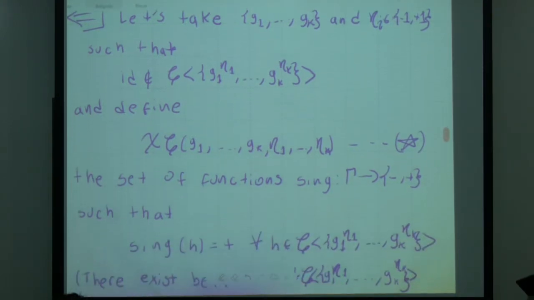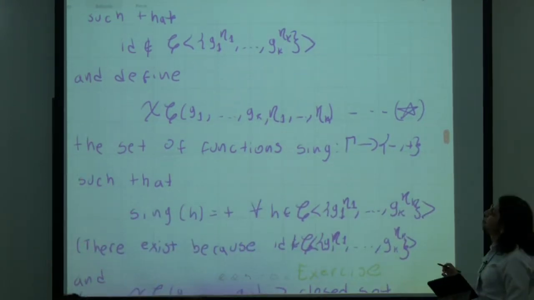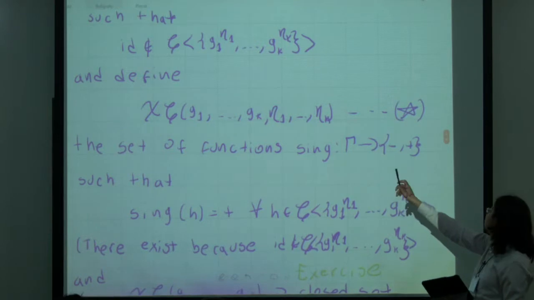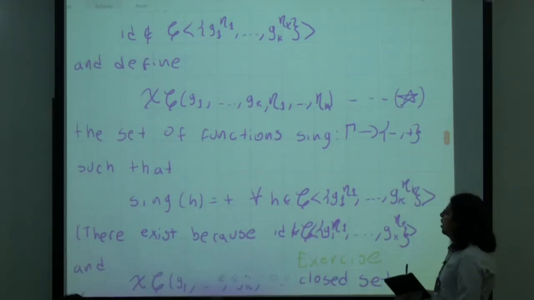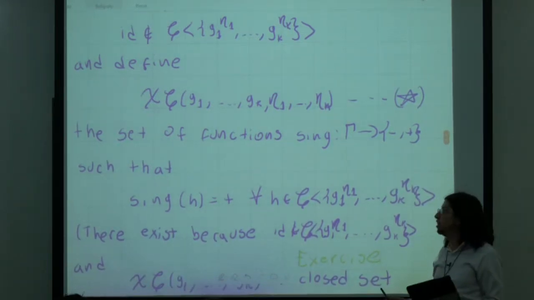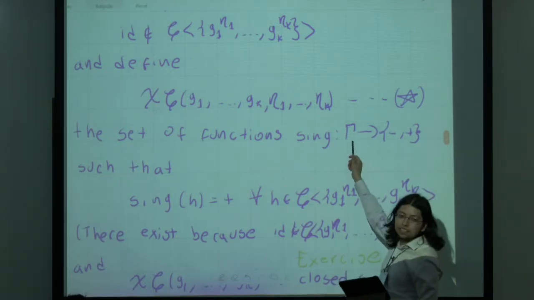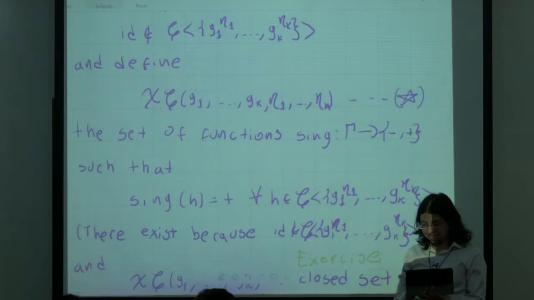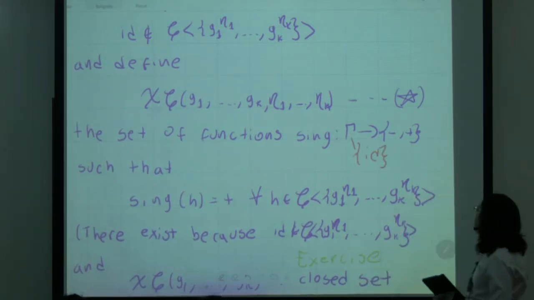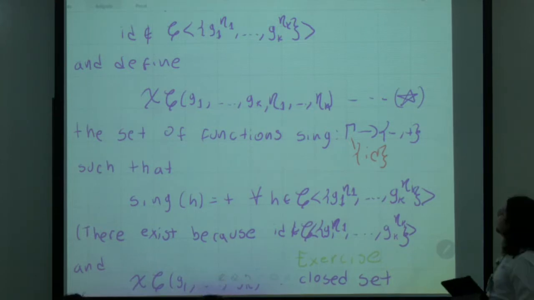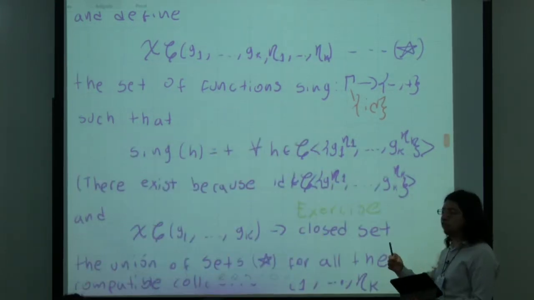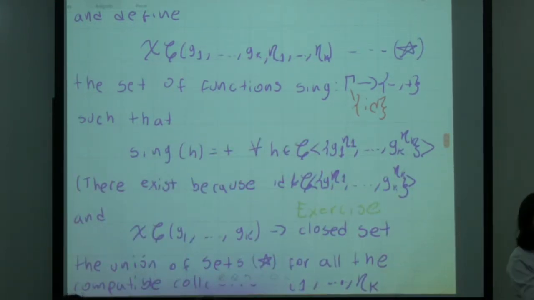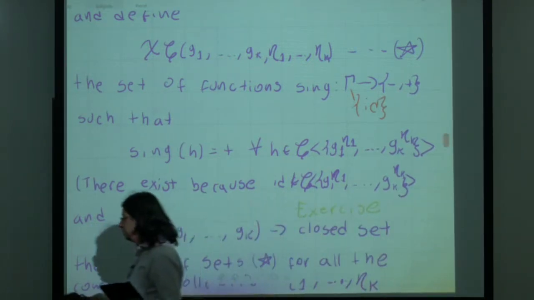And we define this set like the function sign of all of these elements, without the identity, such that the function sign is like this, I can write it like this.